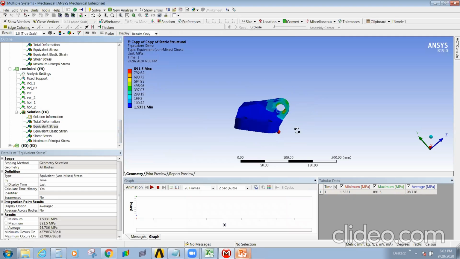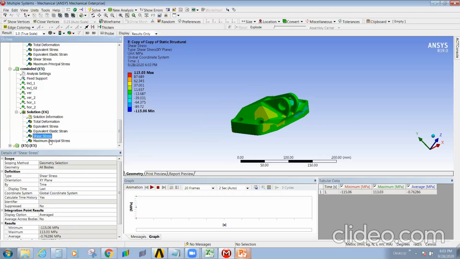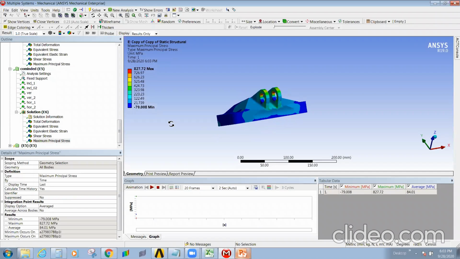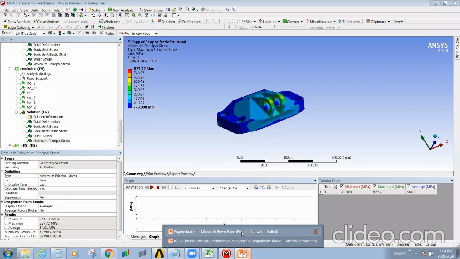This will be your stress, that is von Mises stress. This will be your strain value, shear stress, maximum principal stress. From this you need to calculate your margin of safety or factor of safety while comparing with your yield strength.